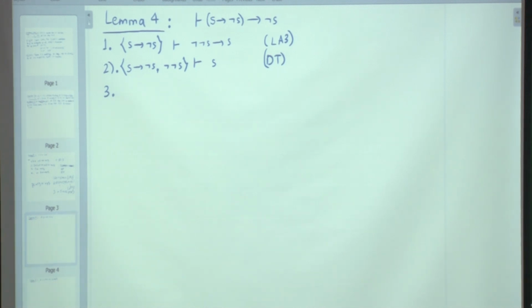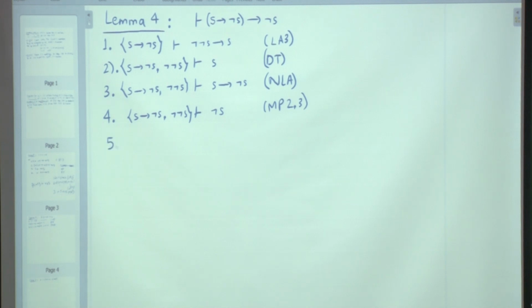S implies negation S implies negation S, very good. So this is NLA. Then fourth, obviously I should use MP. On which two lines? 2 and 3.